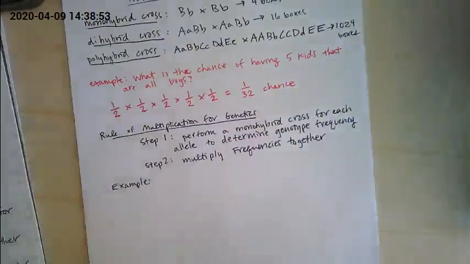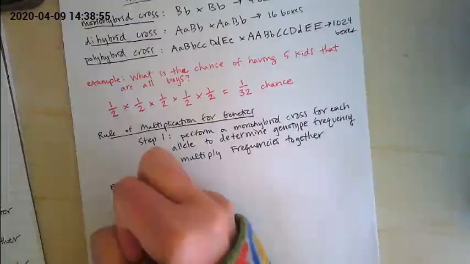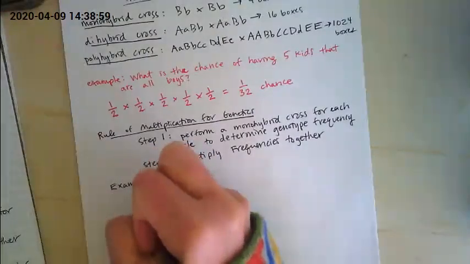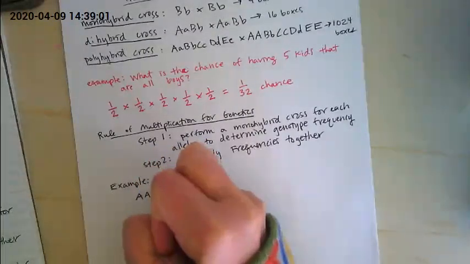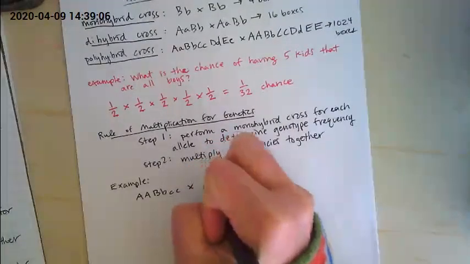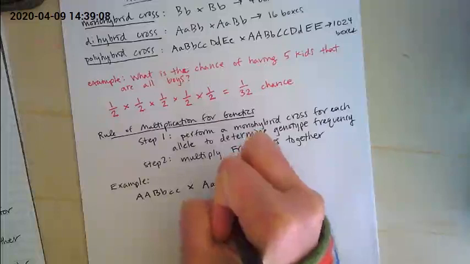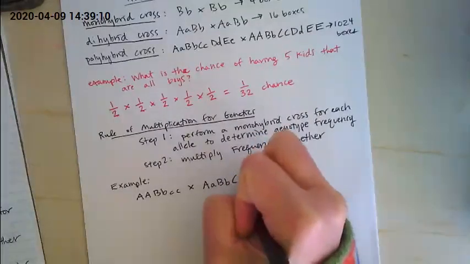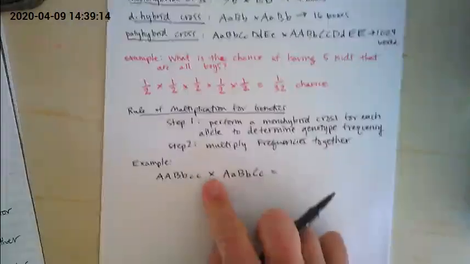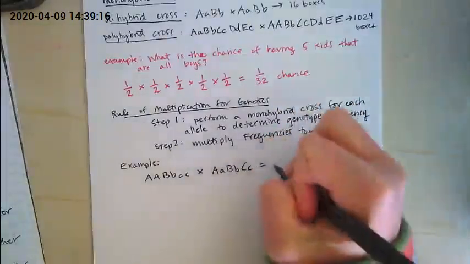Let's do an example. This is parent 1, and they're going to be crossed with parent 2. What are the odds that these 2 have a child like this?